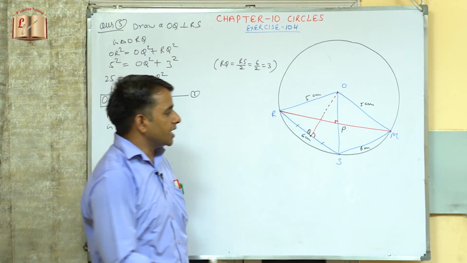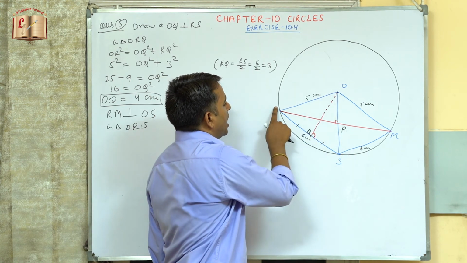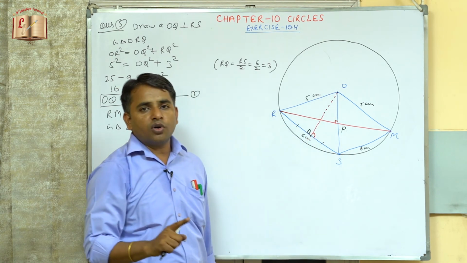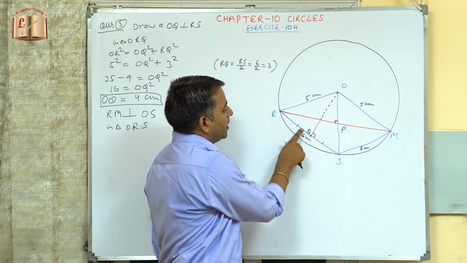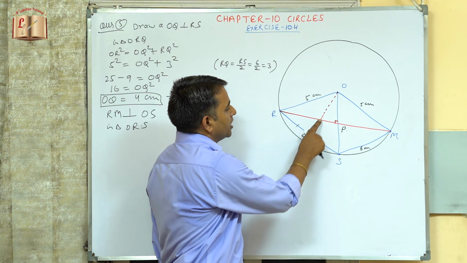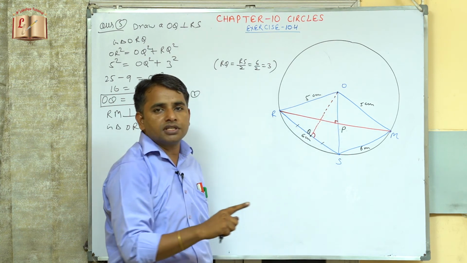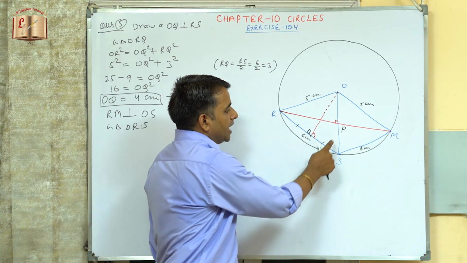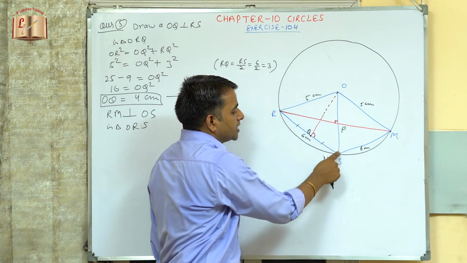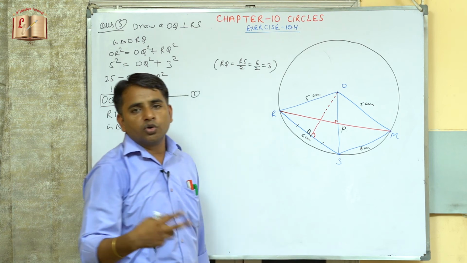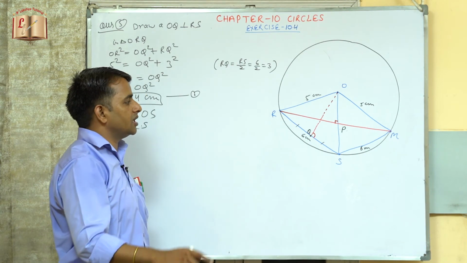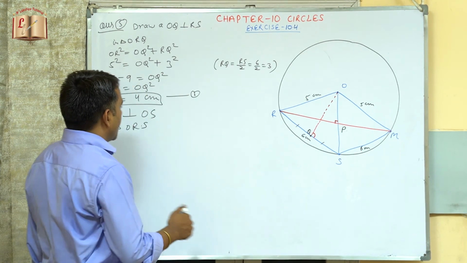So it is a single triangle, ORS, and we can find its area in two ways. One, taking this RS as the base and OQ as the perpendicular, so this is half base into perpendicular. And second, we can take OS as the base and RP as the perpendicular. So both areas will be the same, because they are the areas of the same triangle.